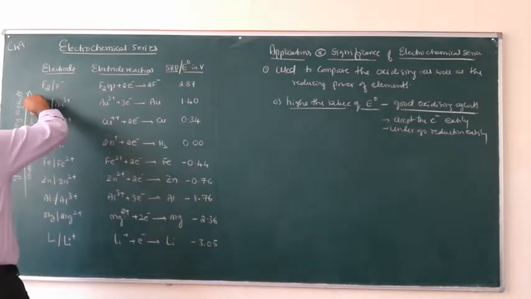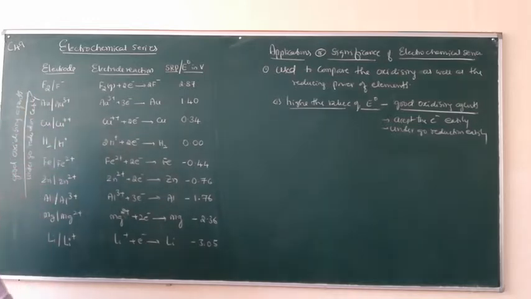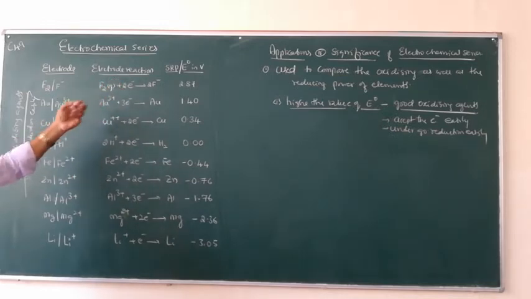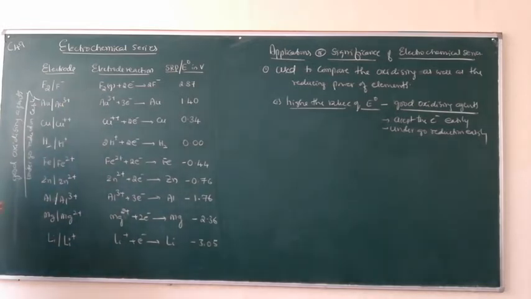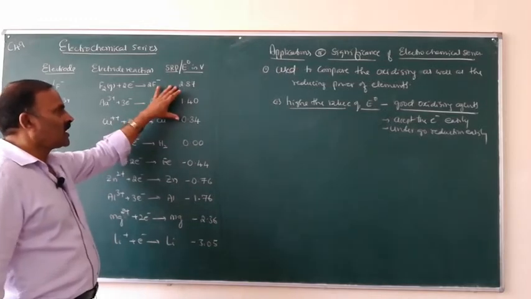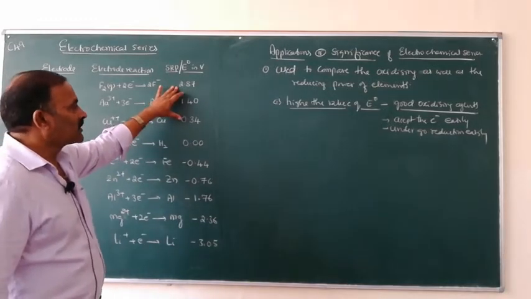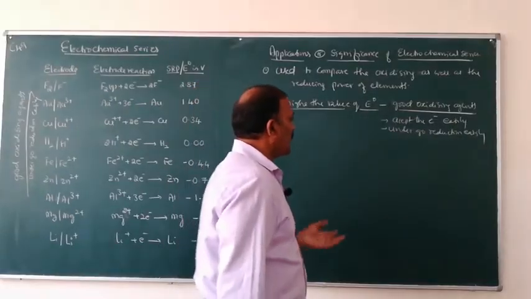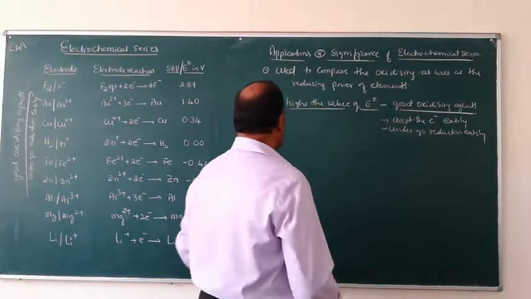If they accept the electron easily, they undergo reduction easily. Therefore, they are good oxidizing agents. They accept the electron, making the other elements lose the electron. That is known as oxidizing agents. So higher the value of E naught, they are good oxidizing agents. That means they accept the electron easily, undergo reduction easily.